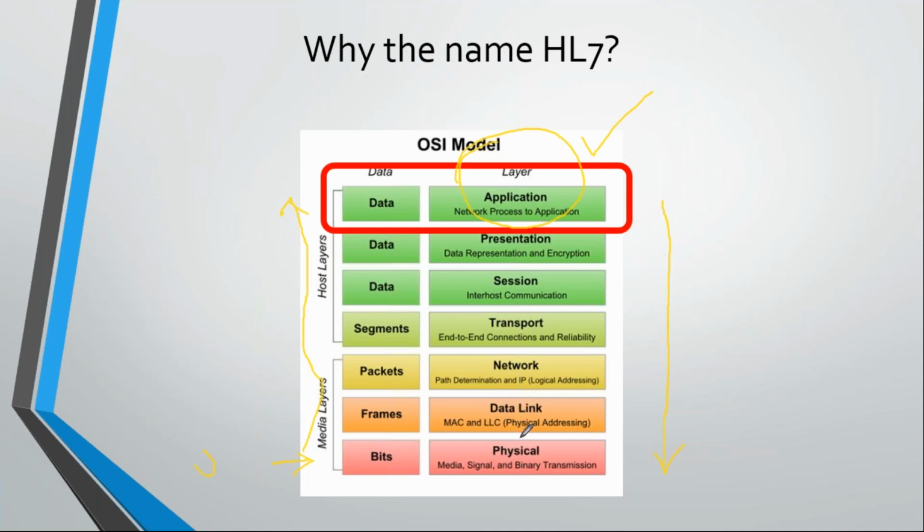all of these things. The reason why we need to understand this is that HL7 message generation always happens in the application layer. It is always and always happening in the application layer.